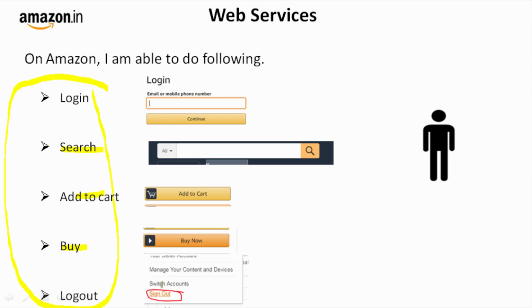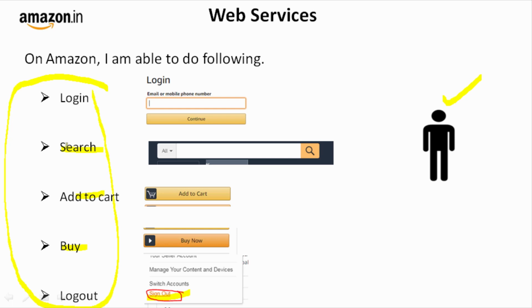Are these the only ones? No, there are a whole lot of business services available on Amazon. Amazon is offering a lot of business services to their end customers. Not only these, like checking the history, tracking your order, canceling the order, and a whole lot.